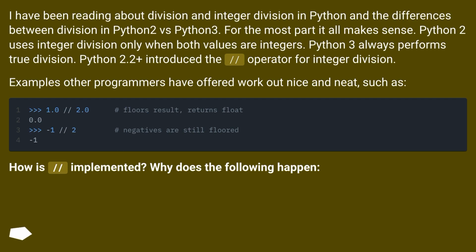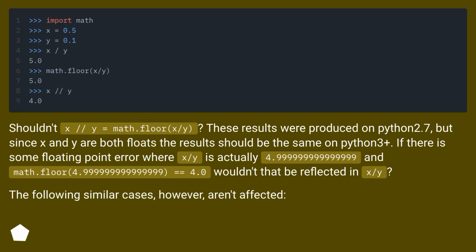How is // implemented? Why does the following happen? Shouldn't x/y equal math.floor(x/y)? These results were produced on Python 2.7, but since x and y are both floats, the results should be the same on Python 3+.